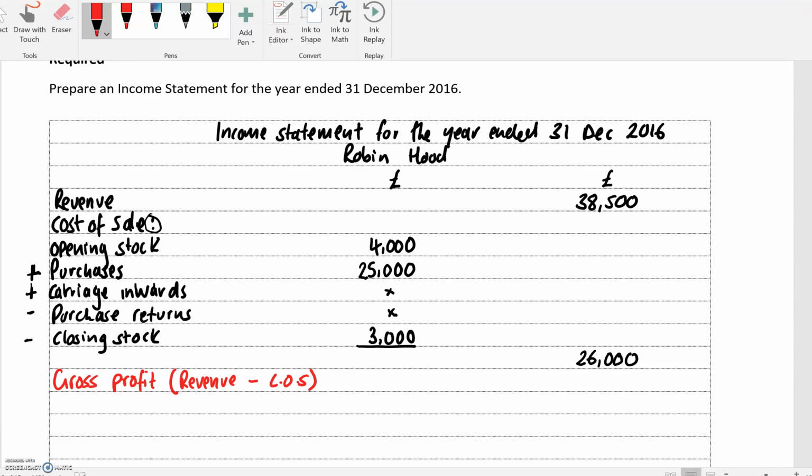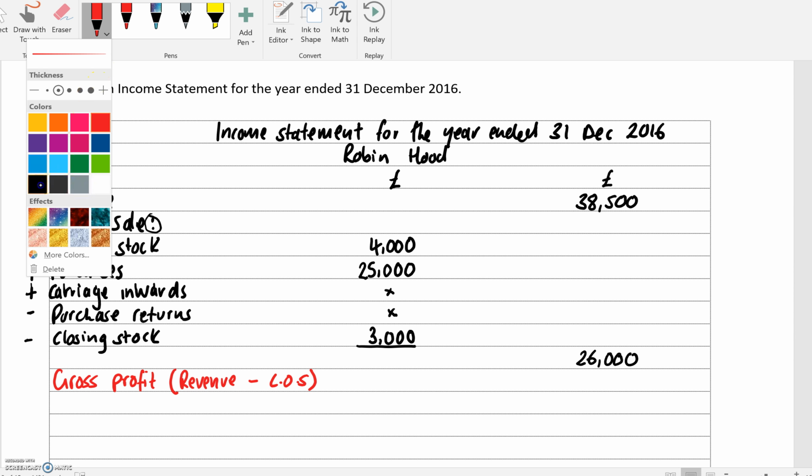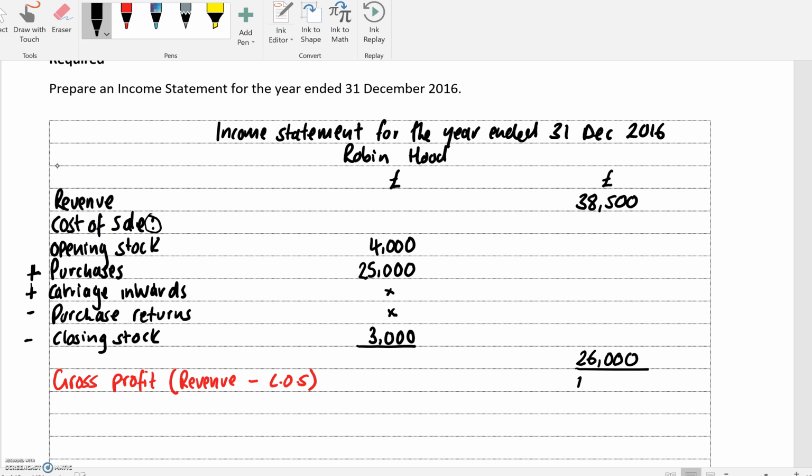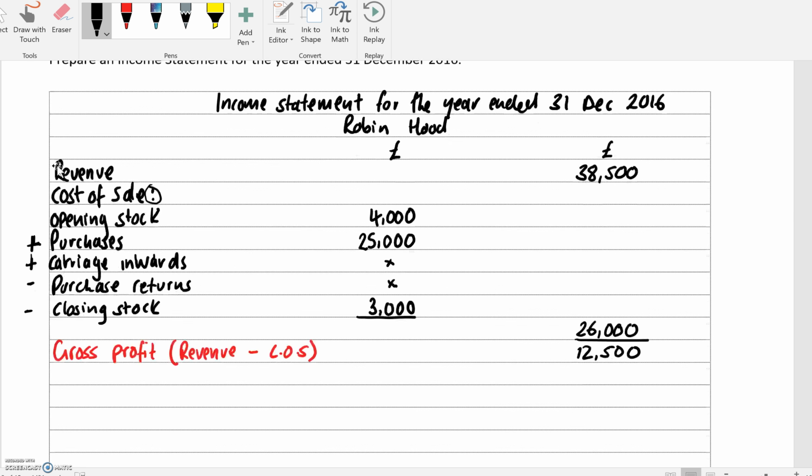And that should give you the answer of 38,500 take away 26,000, it should be 12,500. So that should be relatively straightforward, hopefully.